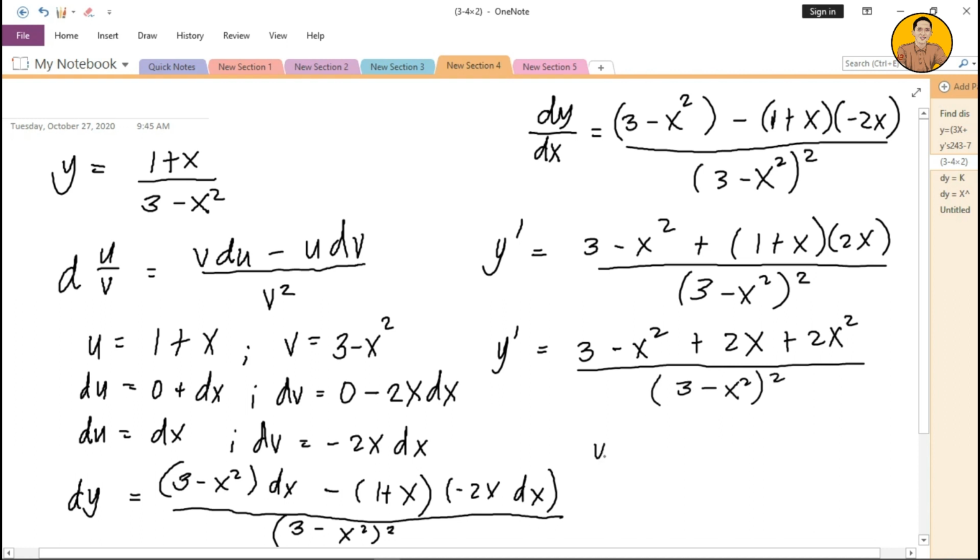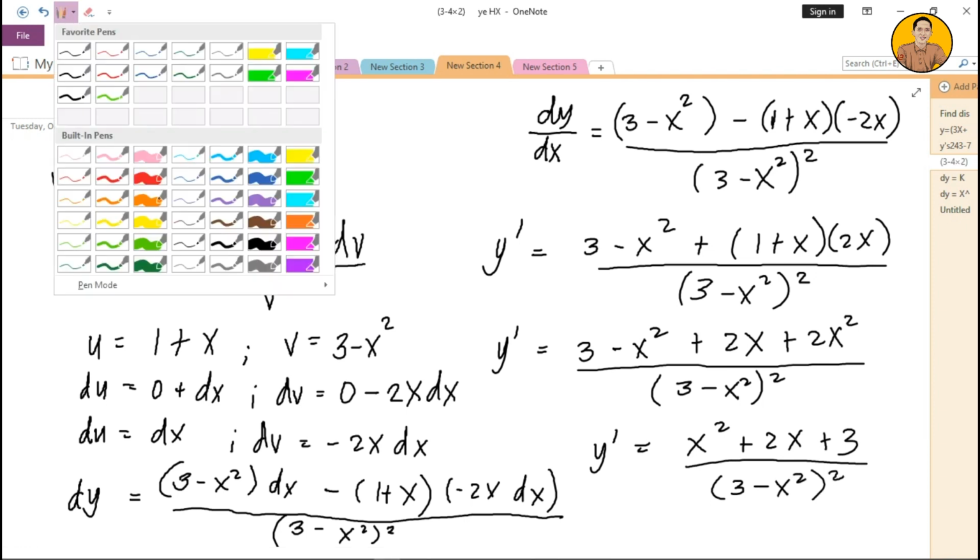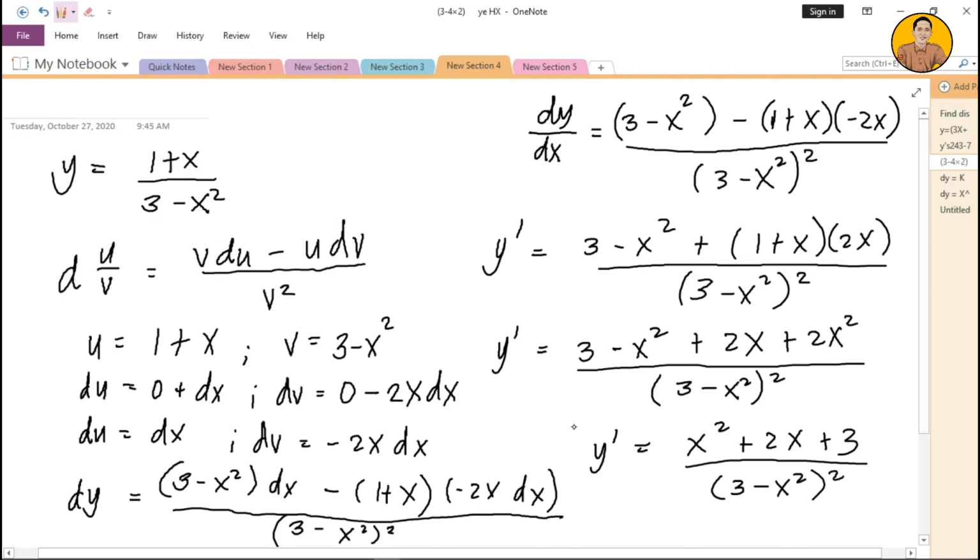So y prime equals negative x squared plus 2x squared. So this is just equal to x squared. Then no other like terms here, so just copy this. So plus 2x plus 3 all over the quantity 3 minus x squared squared. So this is our final answer for this particular problem.